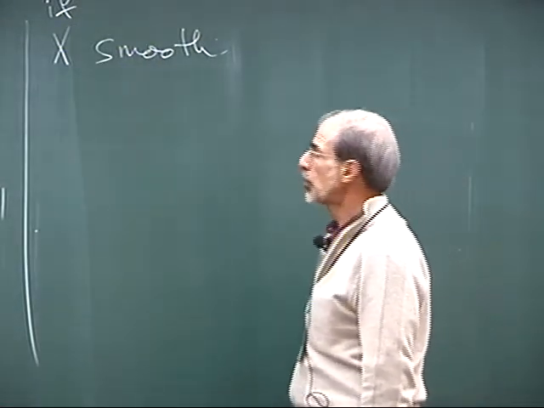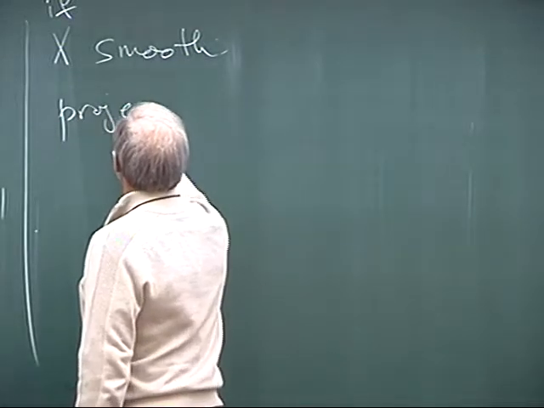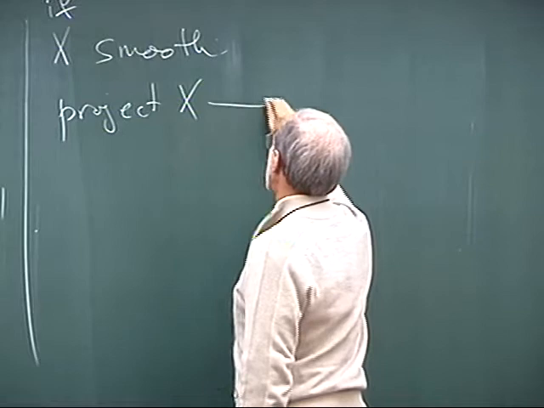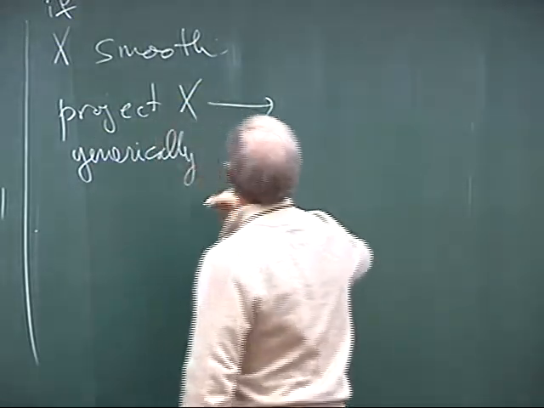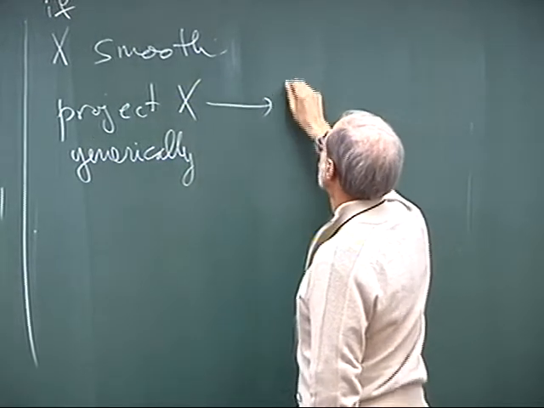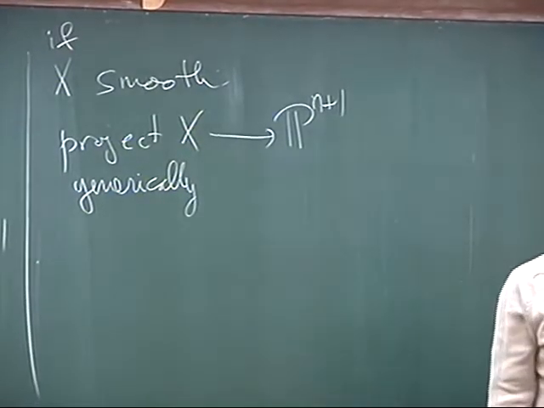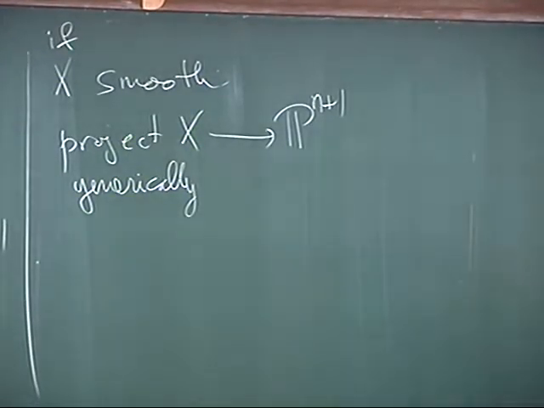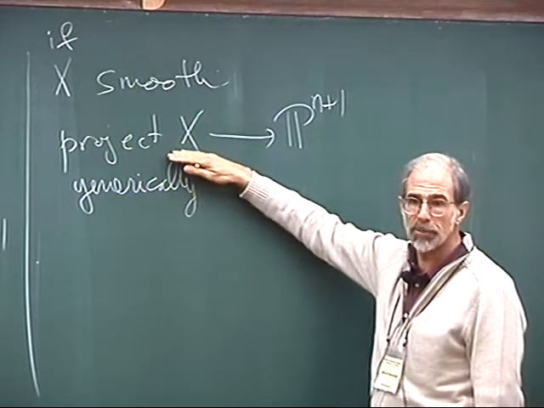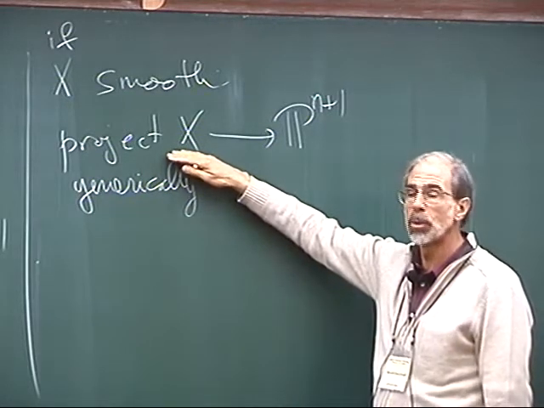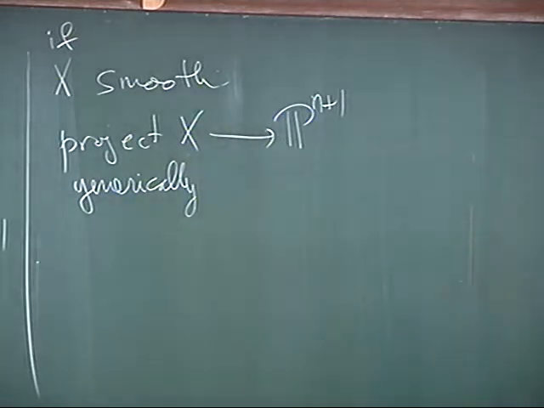Then you might try to do this by projecting X generically to a hypersurface in P^(n+1). Such a generic projection is certainly a finite map. And then you can use any kind of bound that you have for the regularity of fibers to bound the regularity of X. That's Castelnuovo's basic idea.